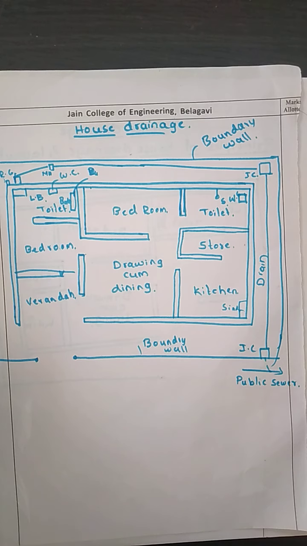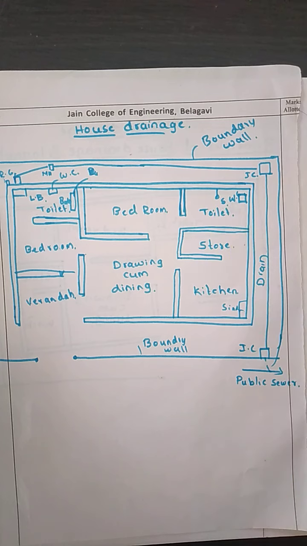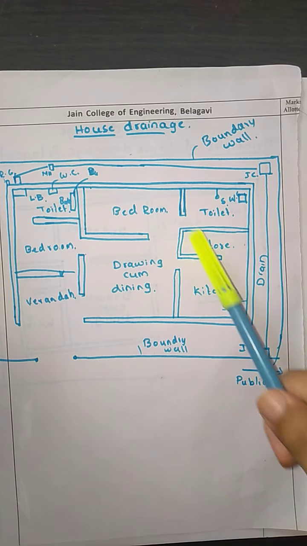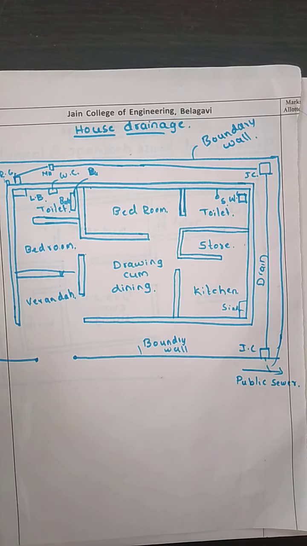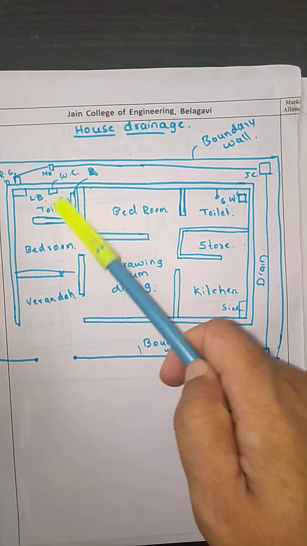In case of a multi-storied building, these lavatory blocks should be located one above the other, so that the length of the pipe connection is minimized. And at least one wall of the WC should be connected to the main wall, so that it helps in fixing the vent pipes and the different waste carrying pipes.